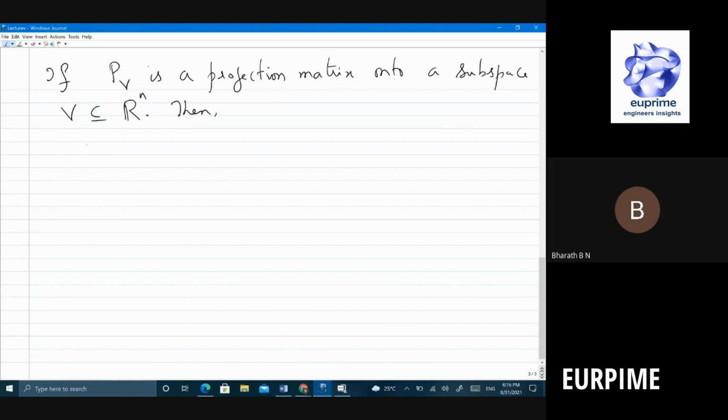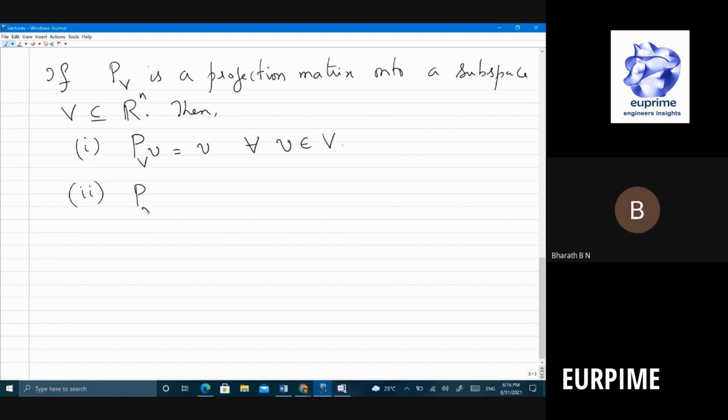what are the properties that we need? PV v should be equal to v for all v in V, right? If you take a vector v in V and ask you to project onto V itself, you should get the same vector, right? You take a vector on the plane and ask you to project onto the plane, then you should get the same vector, right?